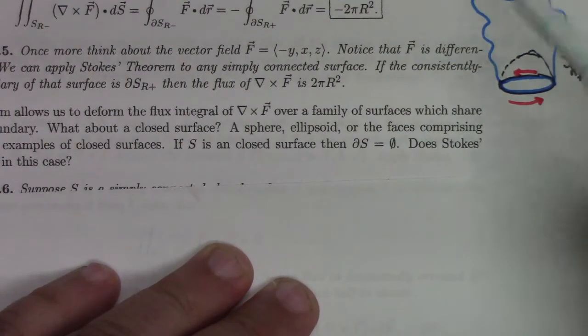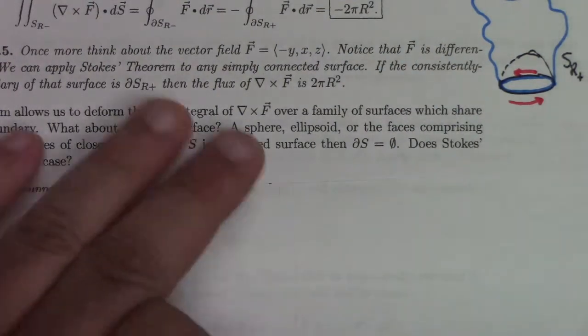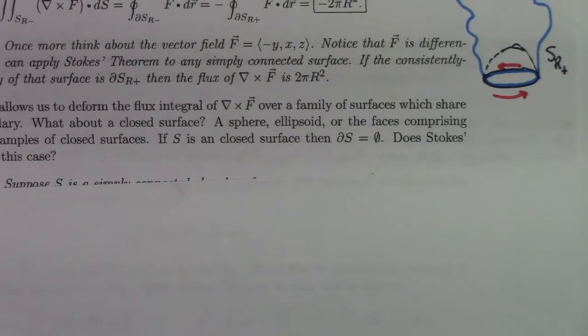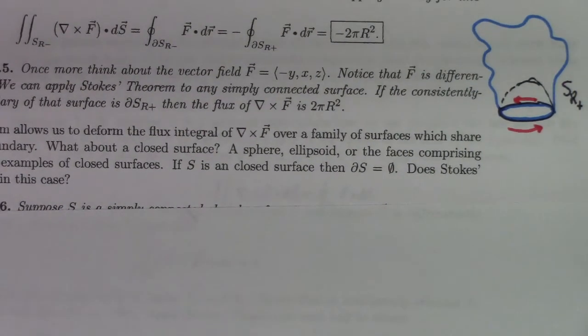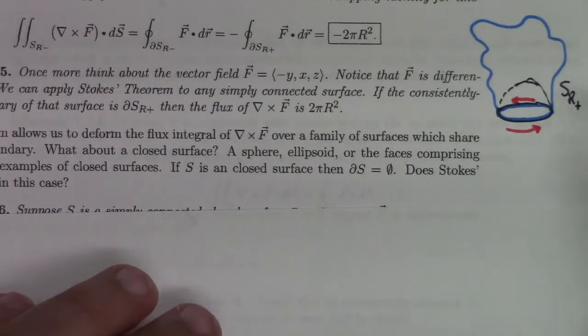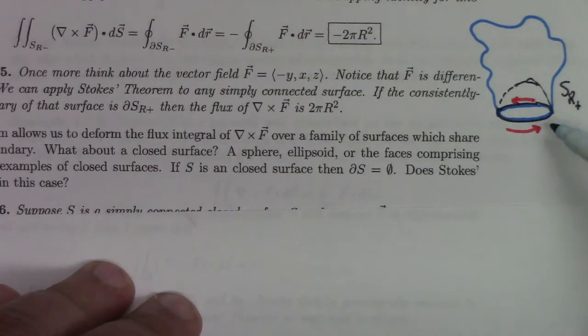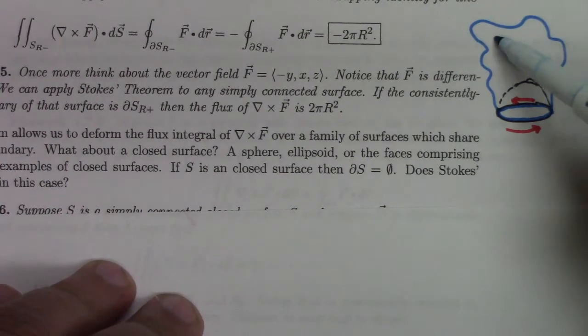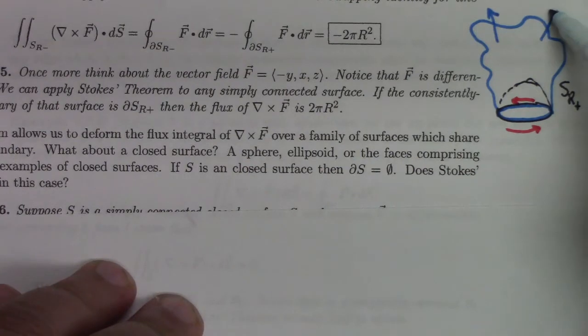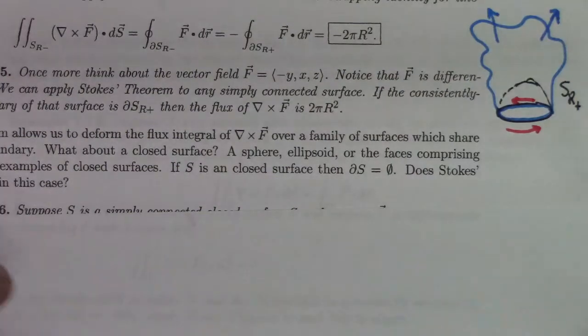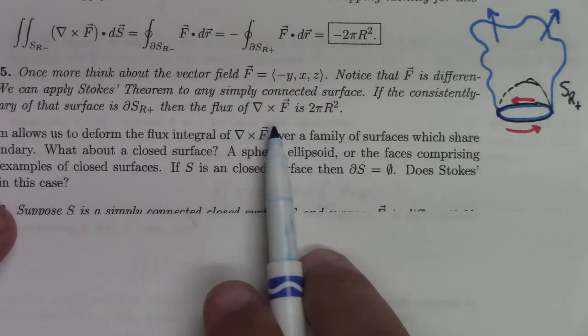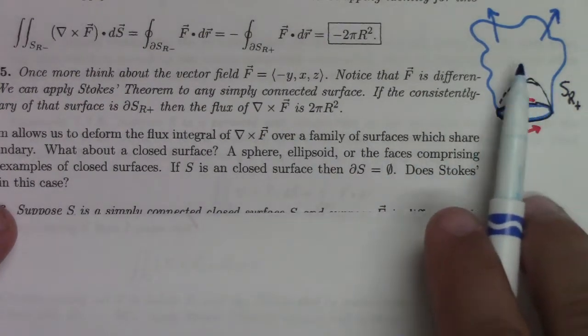Because the vector field (-y, x, z) is differentiable on all of R3, it doesn't matter, as long as this new blue surface is oriented outward like that and takes its edge to be that same equatorial circle, then we're going to get the same 2 pi r squared for the integral of the curl over that blue surface.